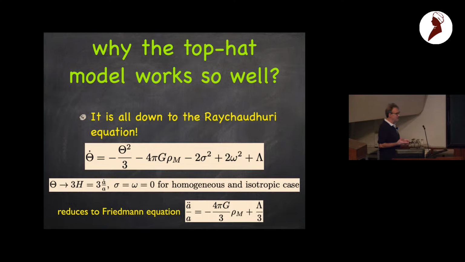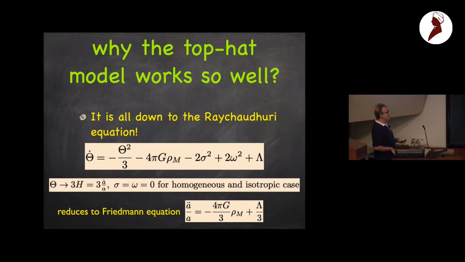Anyway, why does the top hat work so well? That was the question. The bottom line is very simple, and it boils down to the full Raychaudhuri equation, which is written there. The Raychaudhuri equation is coupled in full GR to the shear equation, which is coupled to the electric Weyl tensor, which is coupled to the magnetic Weyl tensor, a very complicated set of full GR equations.